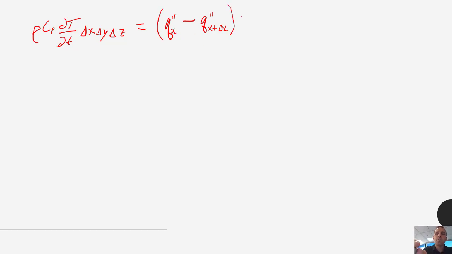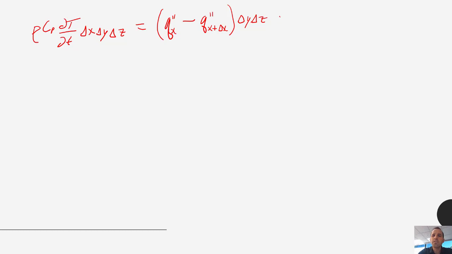So we have rho Cp dT times delta x, delta y, and delta z is equal to, and I'm going to lump terms here according to the spatial coordinate. So we've got our flux as measured at x, subtract our flux as measured at x plus delta x. So remember, in minus out, but then we also have those terms being multiplied by the appropriate cross-sectional area of delta y, delta z.